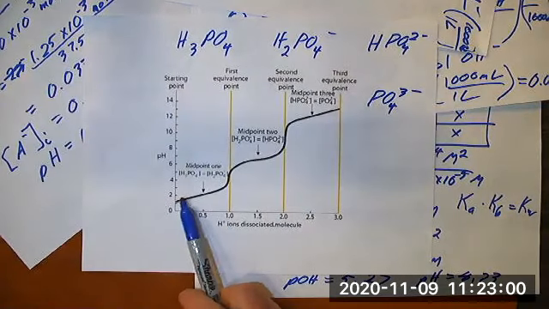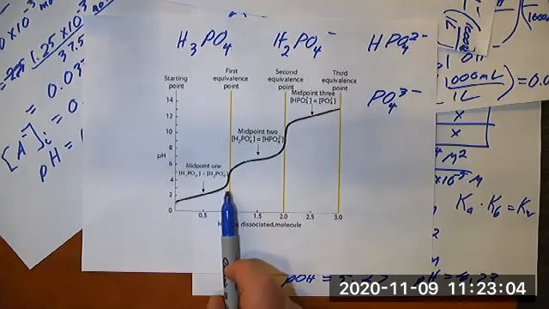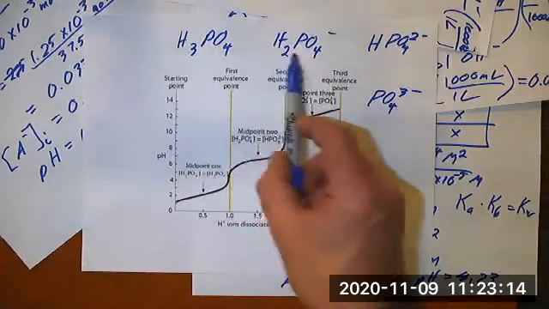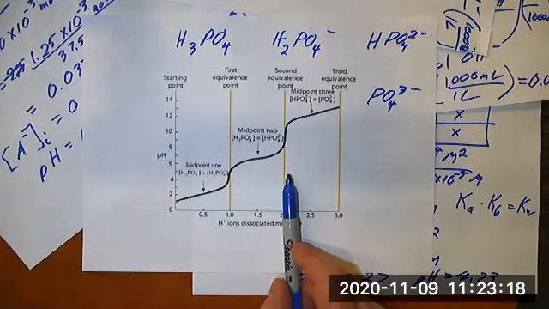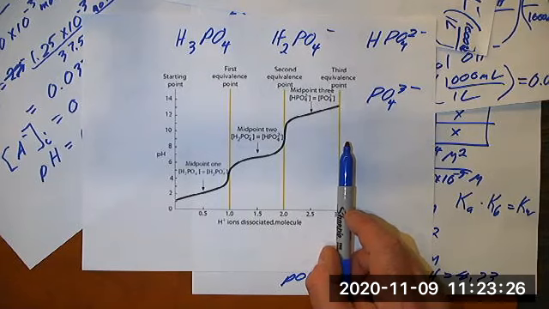And what you notice here is that there's the first equivalence point, which is the point at which you have added enough base to fully deprotonate it once. There is a second equivalence point where you've added enough base to fully deprotonate it twice, and a third equivalence point where you have added enough base to fully deprotonate it 3 times.